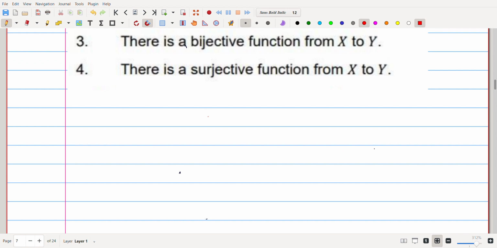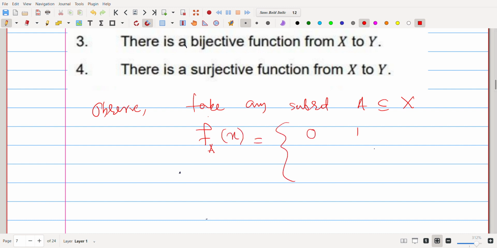So observe, take any subset A of X. Now define a function, say f sub A, such that f sub A of x is 0 if x belongs to A, 1 if x belongs to A complement.